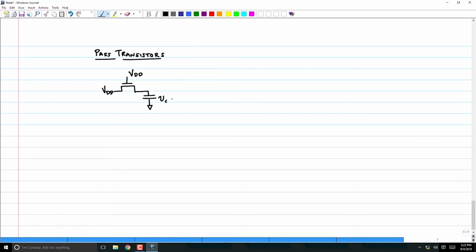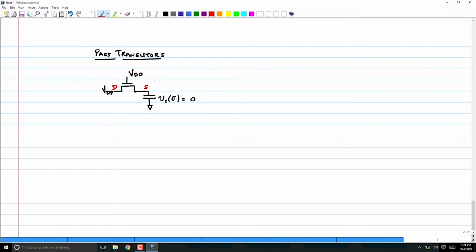Assume that this capacitor is discharged. Okay. So what's the drain and source first? VDD is drain, source, right? Now, what happens to the source side?